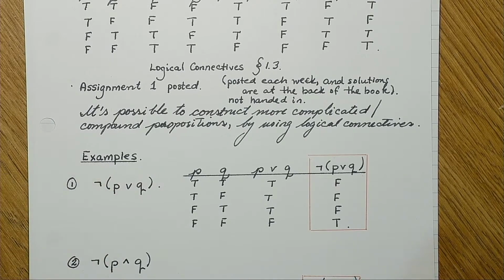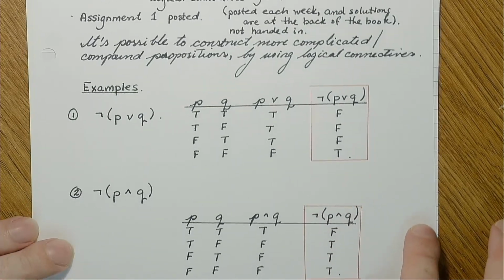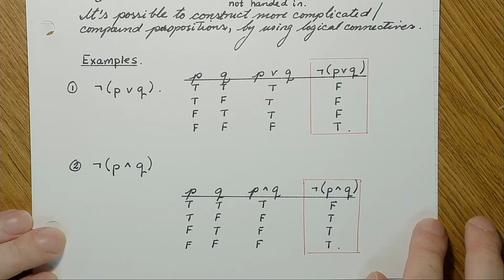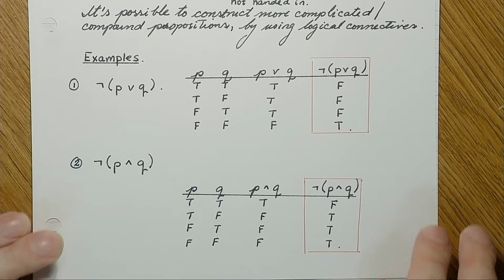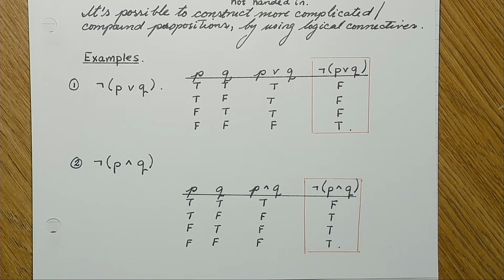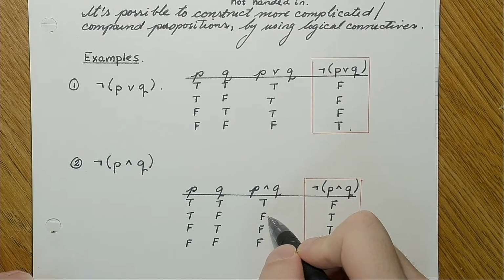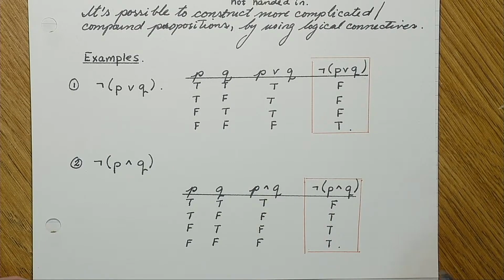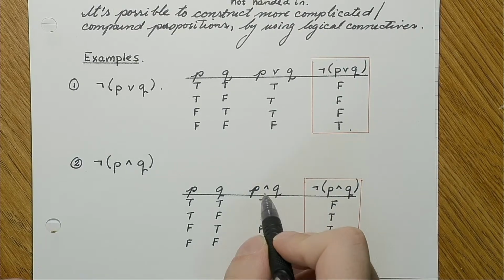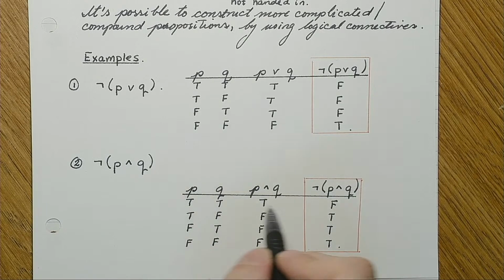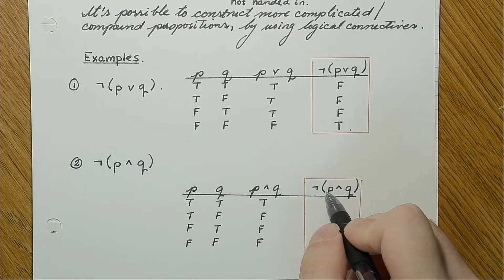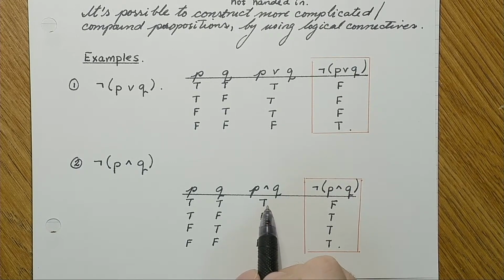Okay, so there's about the 2 minutes, and this is what you should have got. Right here I have the P and Q. So it's true, false, false, false. And again, for the and, it has to be both true to be true. So this is the only case, and the rest are false. And then to do the negation, we're flipping the truth values.